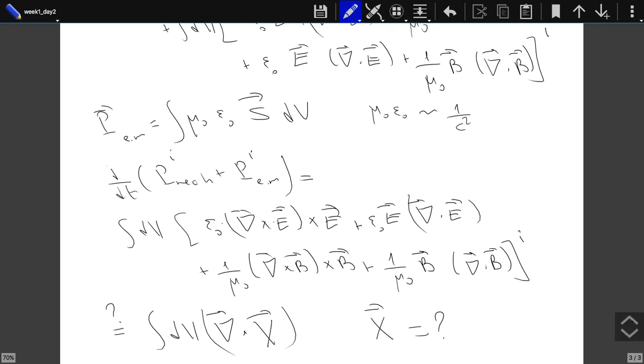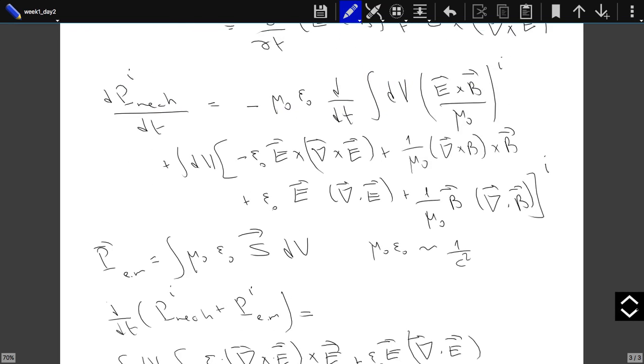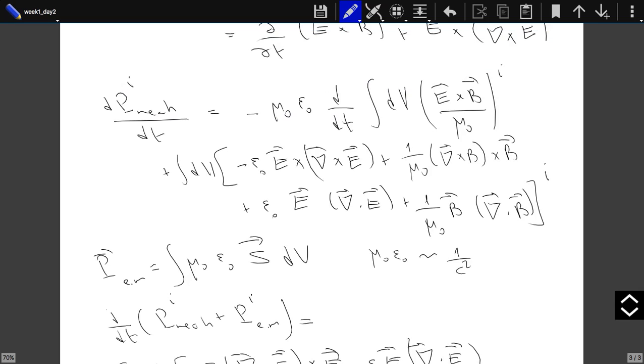If we can find such a vector field, then we will definitely say that what we wrote above, mu 0 epsilon 0 S, is the linear momentum density. If we integrate it over the volume, it is the linear momentum of the electromagnetic field.